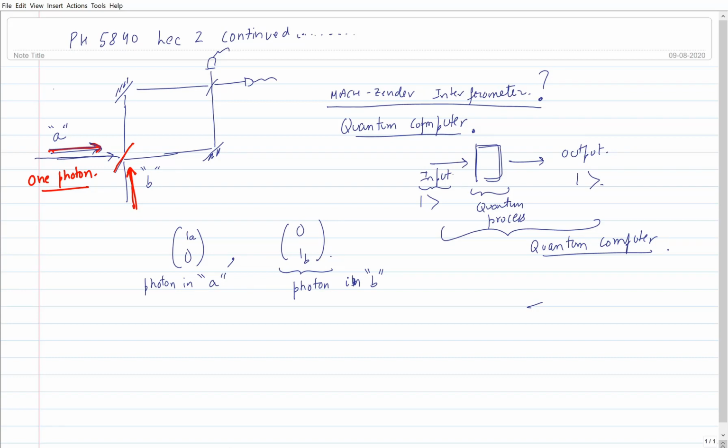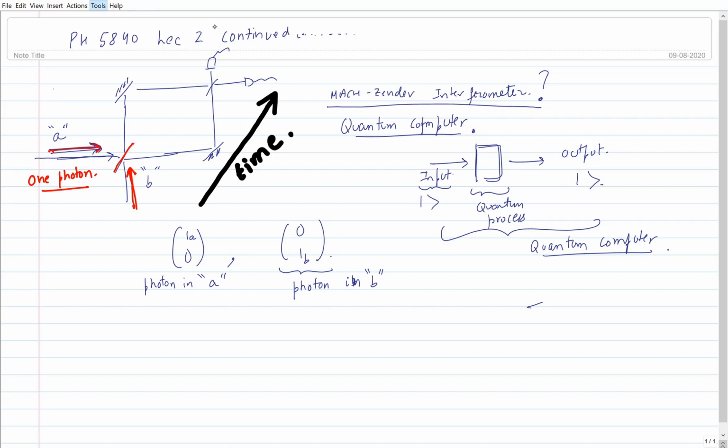Now, in this Mach-Zehnder setting, the way I have set it up, just imagine the time going this way. The photon is coming, it hits the mirror, and this is the way the time goes in this particular direction. Just a schematic of how the time goes. So what's really happening?